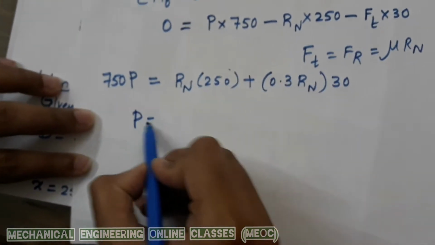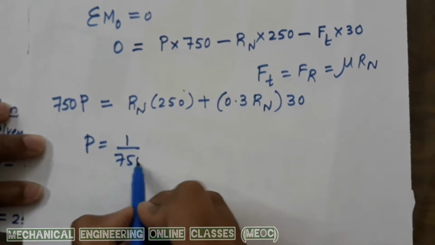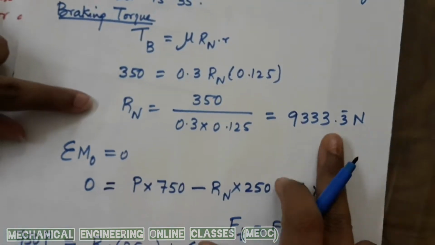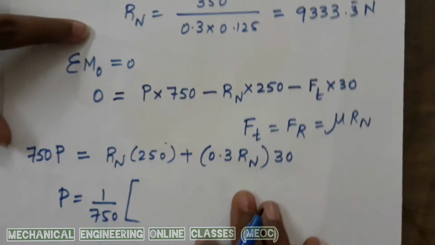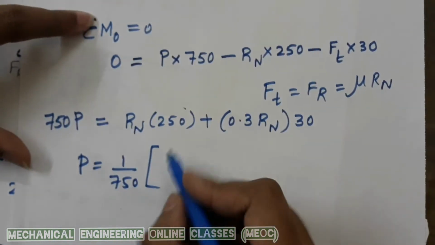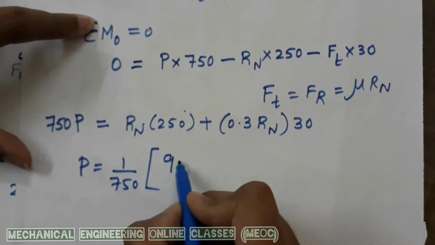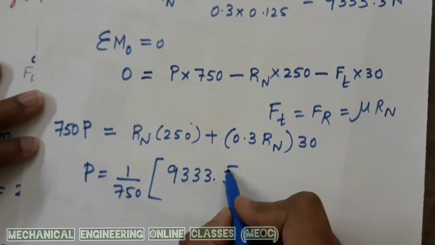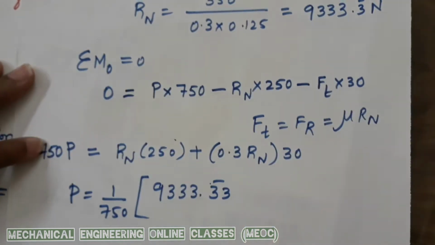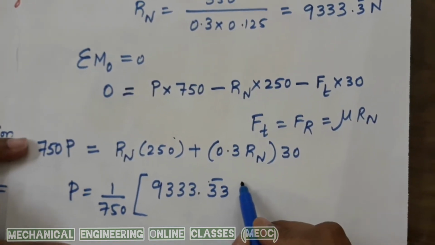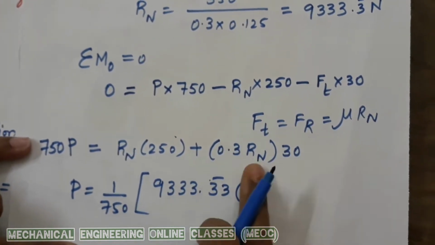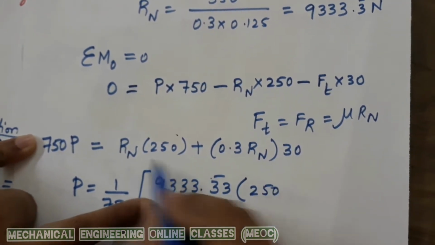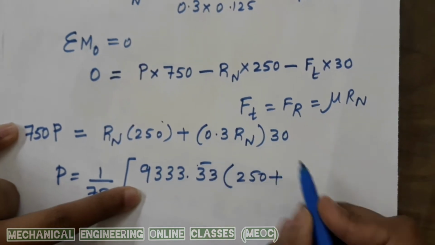So P is equal to 1 by 750 into, I am substituting Rn, which is calculated just now, 9333.3 bar, or simply 9333.33. I will be writing it as 9333.33 into, I am taking Rn common, so this will be Rn, 250 plus 0.3 into 30.